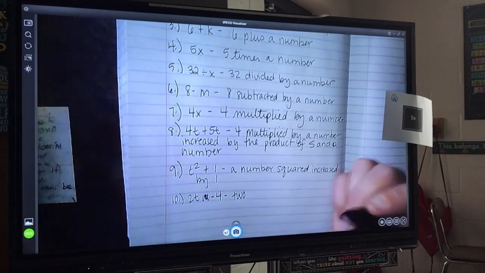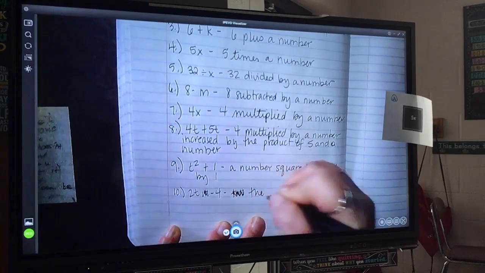The product of two and a number decreased by four.